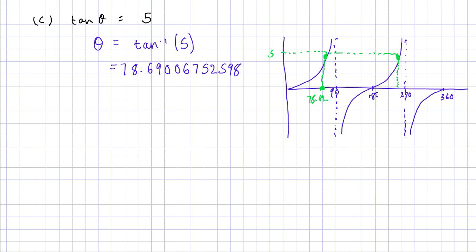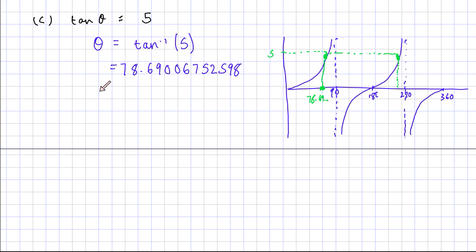Now how can I find this one? I can see that this distance here is the same as this distance here. So what I can do is 180 plus this distance, and this distance I know is here already.